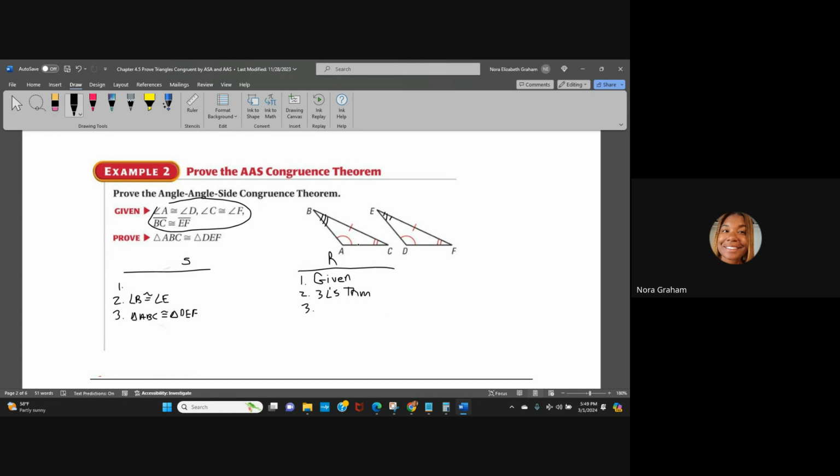Angle, side, angle. This one was a really easy one. I guess they just wanted you to state that 3 angles theorem. So that one's kind of like a throwback. And that's the end of that proof.